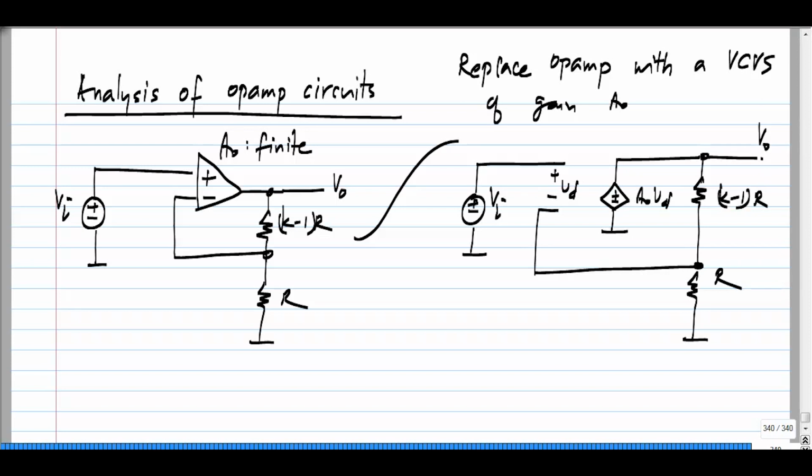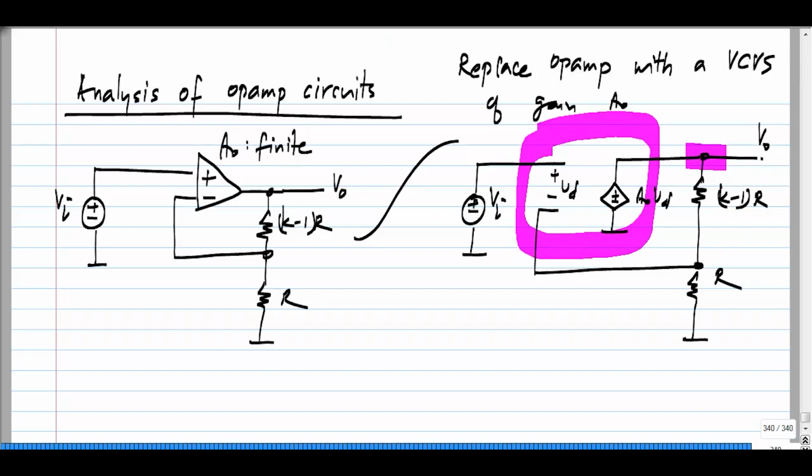So, now we have this control source and we know how to handle voltage controlled voltage sources. We have to basically replace the voltage controlled voltage source with a super node, and we will lose one equation. We cannot write KCL at this node. We replace that by the equation governing the voltage controlled voltage source.